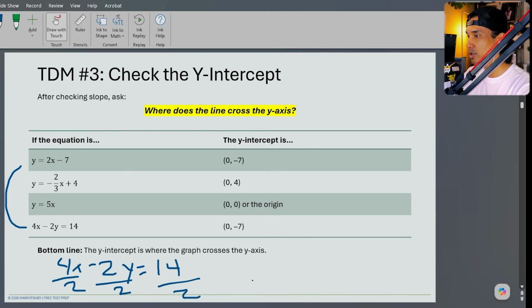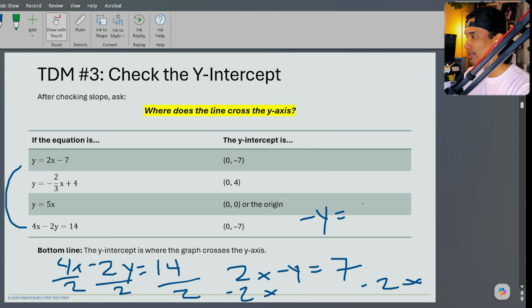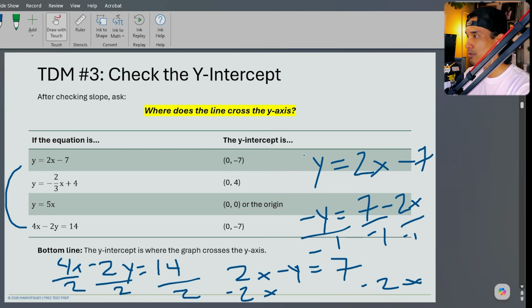I get 2x minus y equaling 7. And then I would subtract 2x from both sides. I get negative y is equal to 7 minus 2x. Distribute or just divide by negative 1 for each term. And then I would get y is equal to 2x minus 7. And I just proved that this is just this equation here.